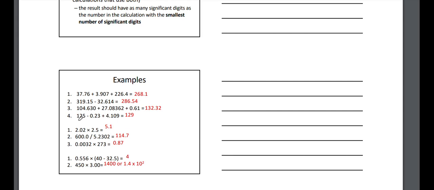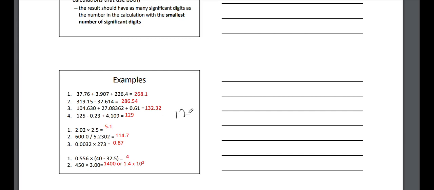If you were to do this one on the calculator, 125 minus 0.23 plus 4.109, the number that you'll be getting would look like this. Let's delete all this. Clear off. Okay, here we go.